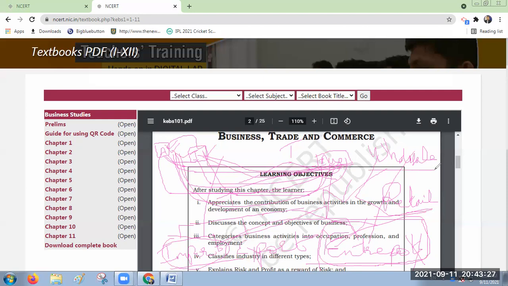In our streets we see small kirana shops and vegetable merchants. They all sell in retail. Did you understand? Yes, sir.